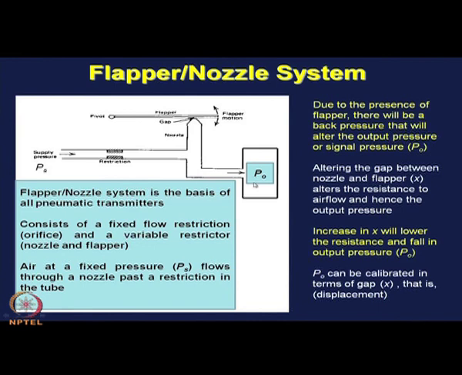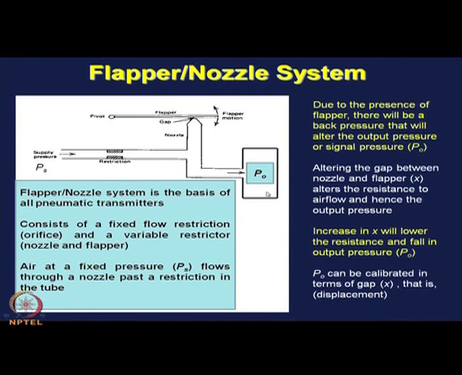Thus P0, which can be very easily measured using a good pressure measuring instrument, can be calibrated with the gap that exists between the flapper and the nozzle. That means, the displacement can be calibrated with the output pressure P0.